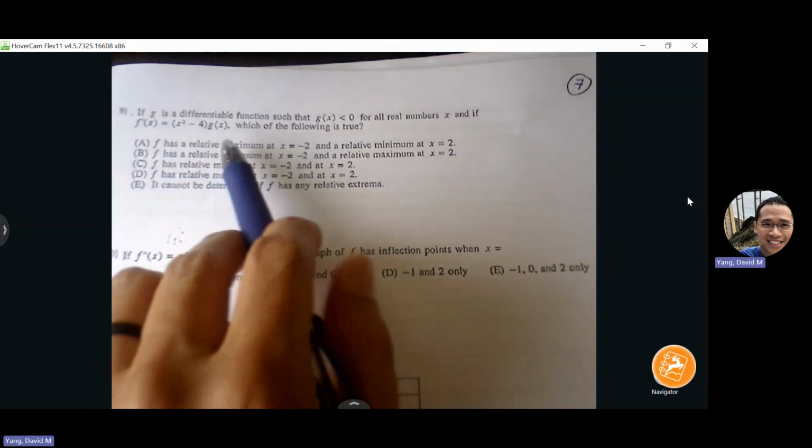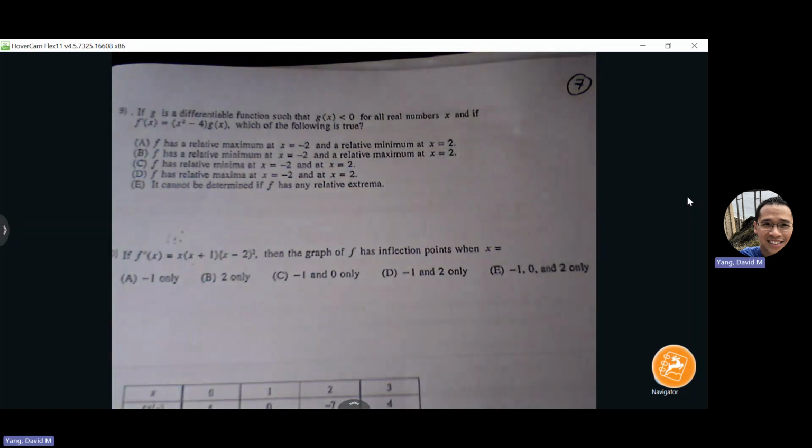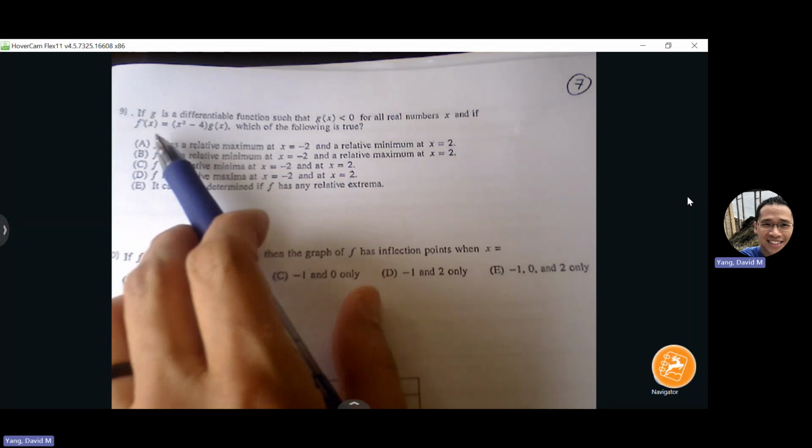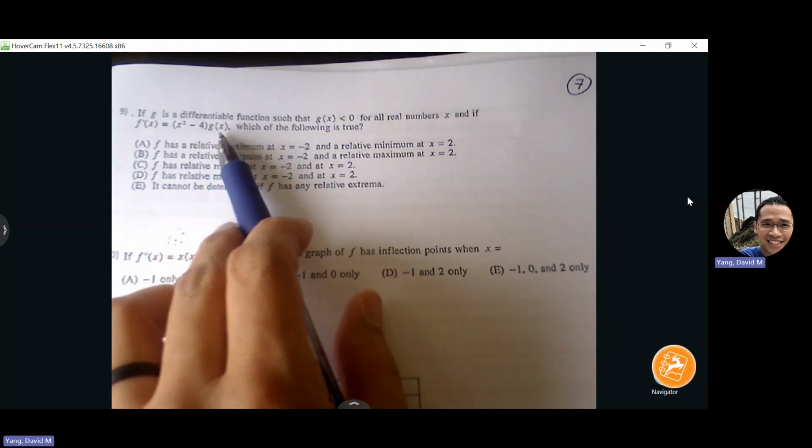If g is a differentiable function, so that just means a smooth curve, slope exists at every point, such that g of x is less than 0. So we know g is a negative value. And f prime is x squared minus 4 times g of x. Which of the following is true?